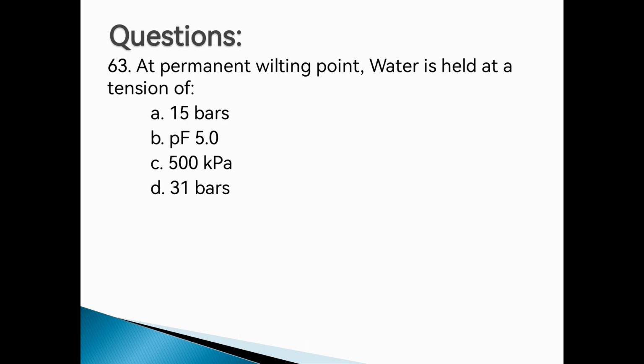Number 63. At permanent wilting point, water is held at a tension of A, 15 bars, B, PF 5, C, 500 kilopascal, D, 31 bars. The correct answer is A, 15 bars.